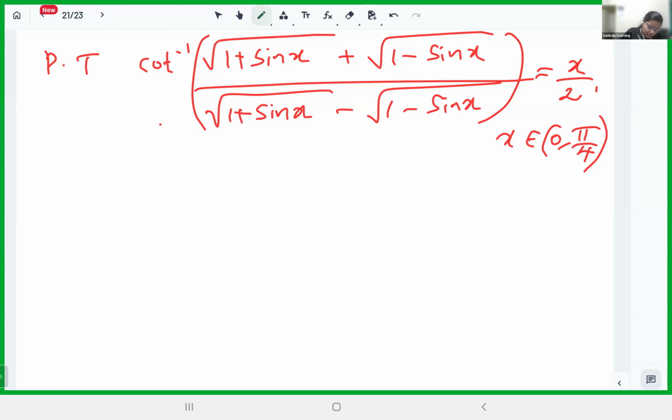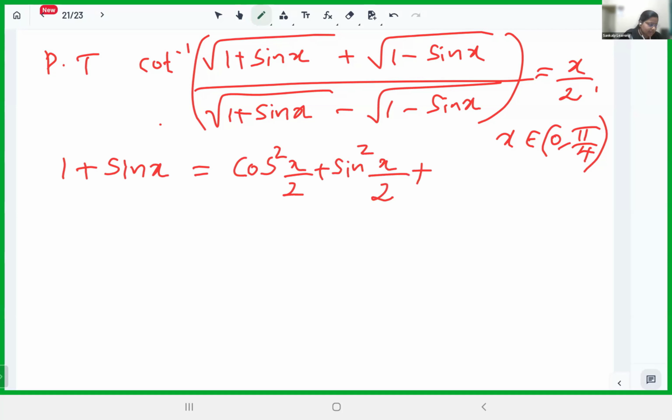So here again, first of all, consider the part 1 plus sin x. This 1 plus sin x, I'm going to write as 1 equals cos square x by 2 plus sin square x by 2, plus sin x. We know sin 2 theta is 2 sin theta cos theta. These are all identities that we have already used.